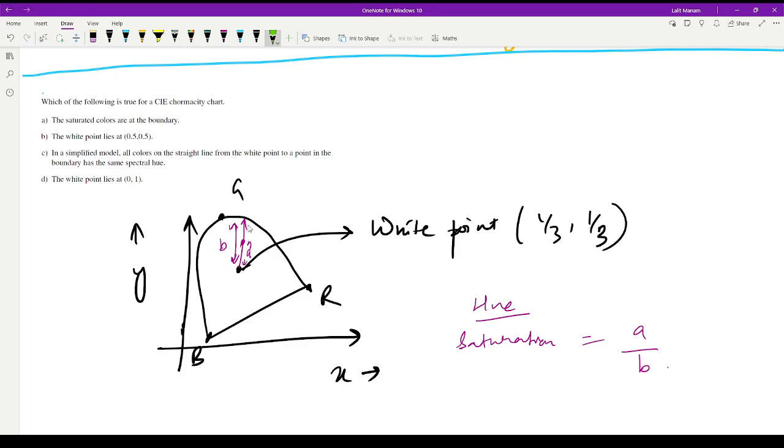Once you choose a color, then you have to define the saturation. So choosing a color means you are choosing a direction here, and then what is the maximum saturation that we can have given this definition? A by B.